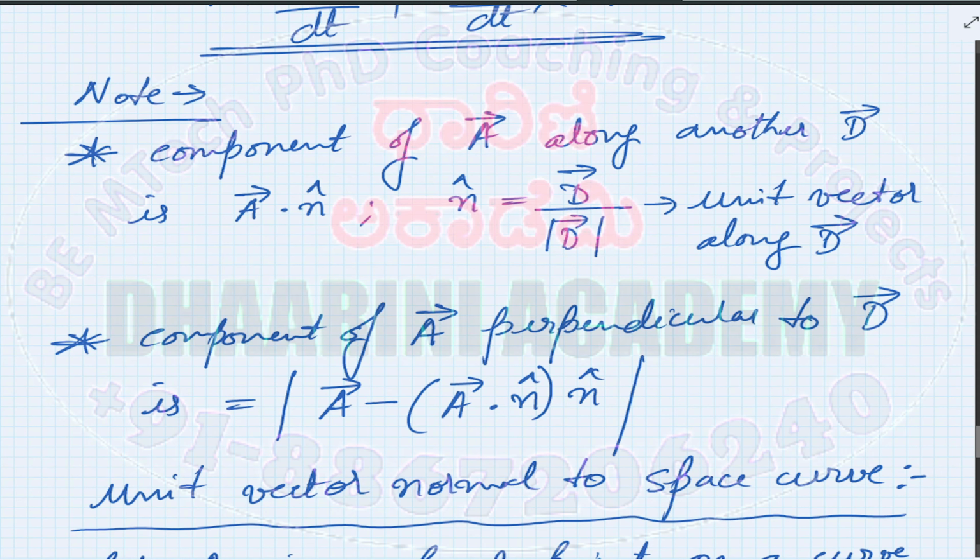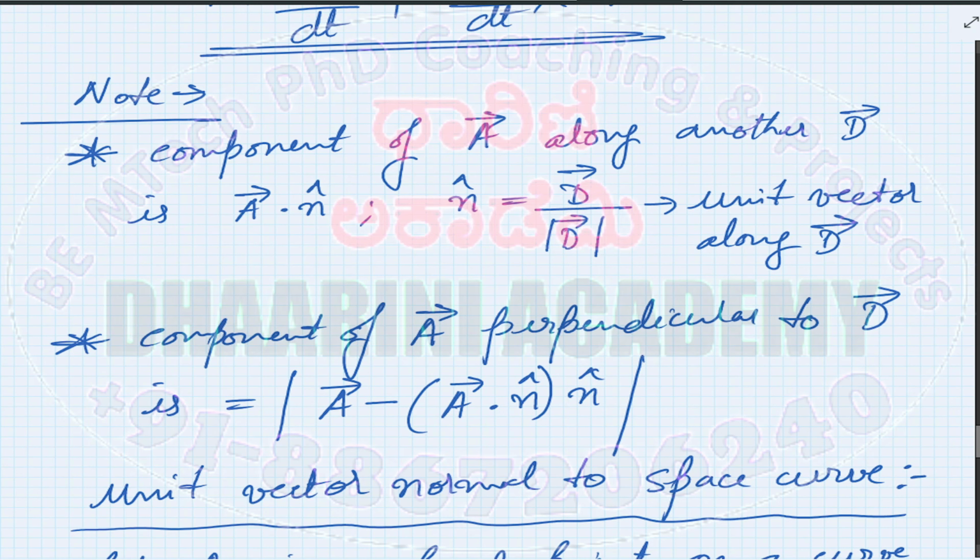Similarly, the component of a vector perpendicular to a given vector. When you say it is perpendicular, the result is a vector. So we subtract something from a, and it's going to be a vector.